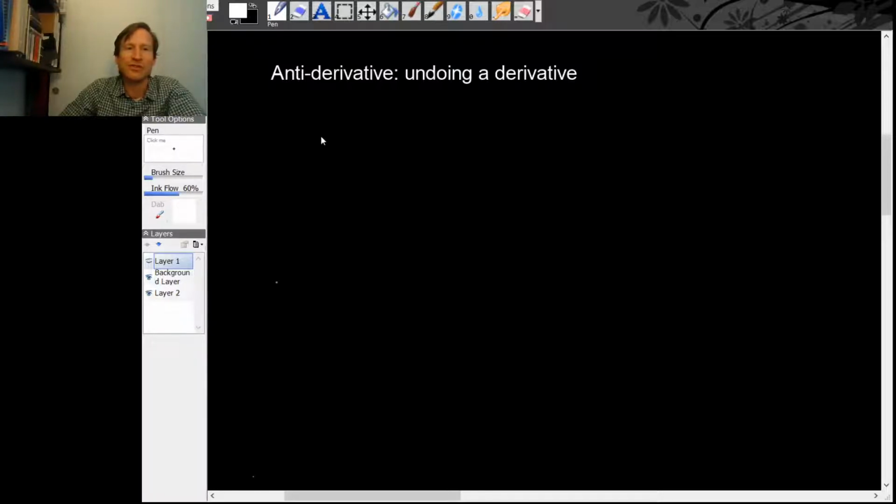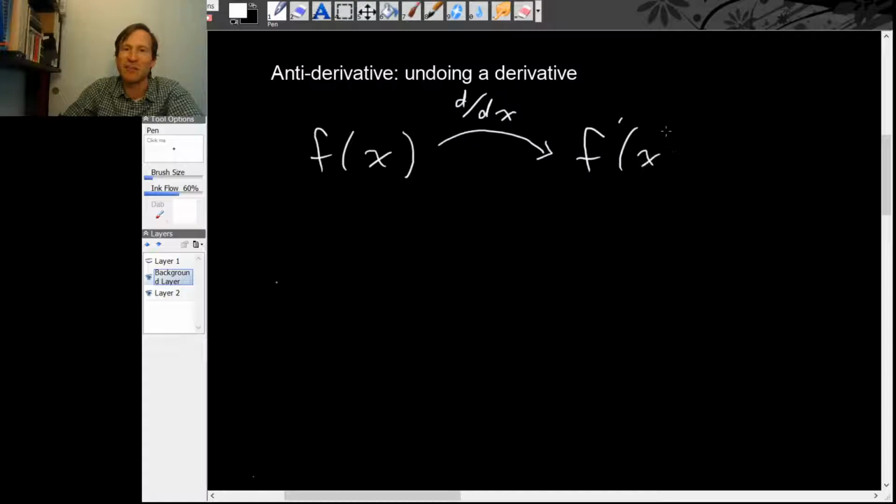So if you start with the function f of x, then the derivative operator, d/dx, produces a new function, which we've called f prime. And if you take another derivative, you get the second derivative.